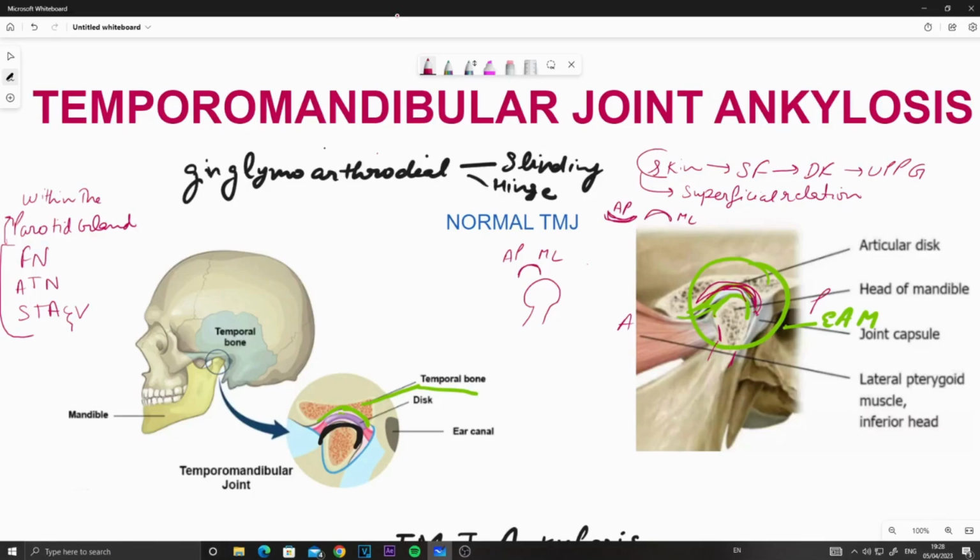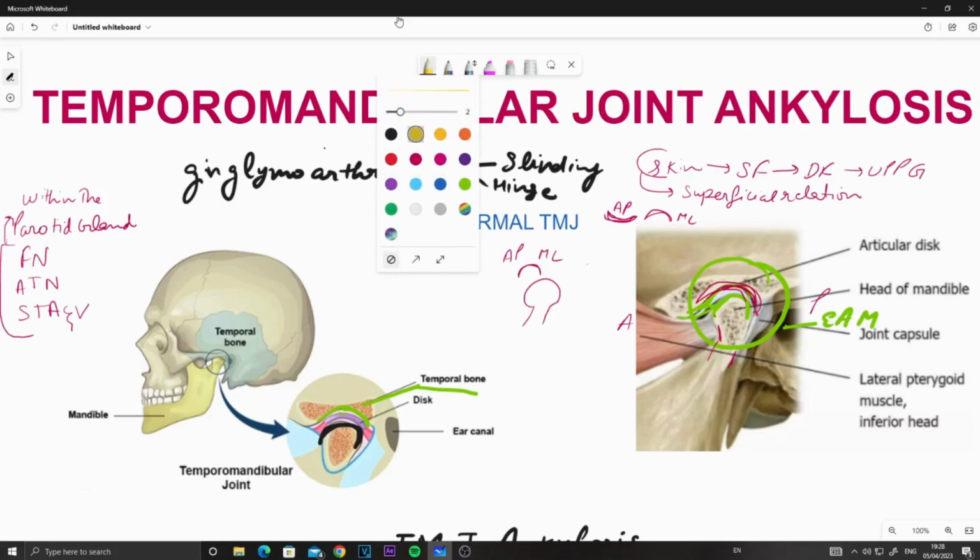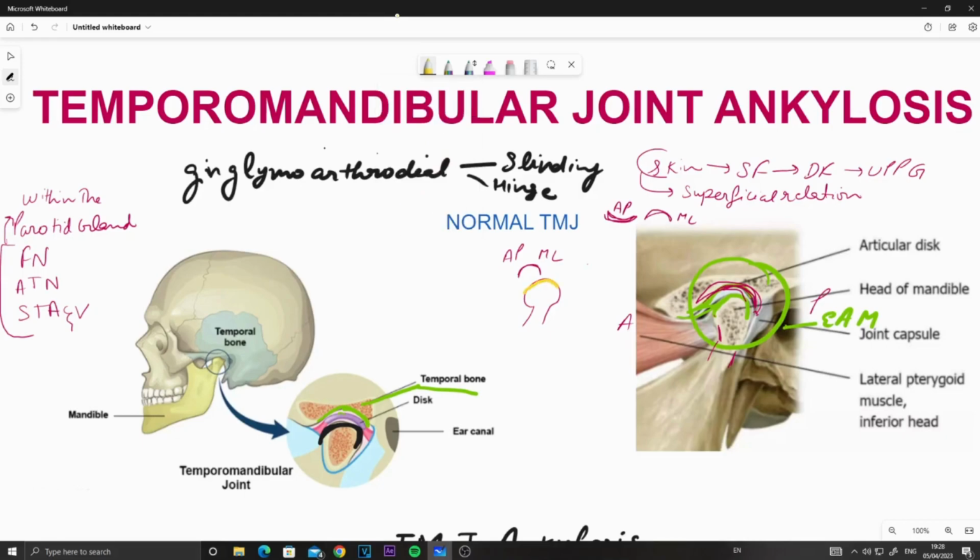The articulating surface of the TMJ is covered by fibrocartilage. The meniscus or the articular disc is positioned between the glenoid fossa above and the mandibular condyle below.